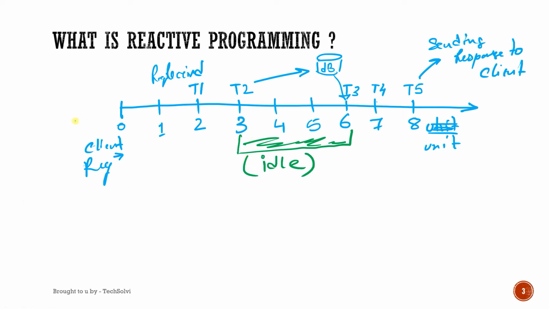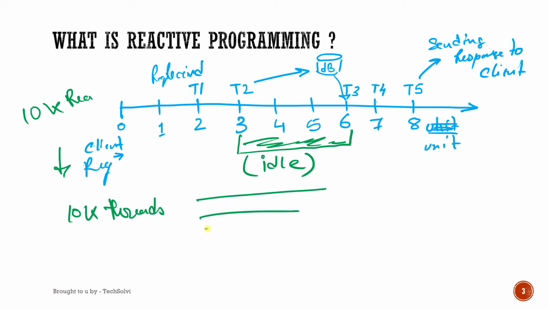Similarly, for 10k requests, we will end up creating 10k threads, and for each thread we will have this block of time, which is 3 units of time, where our threads are sitting idle.